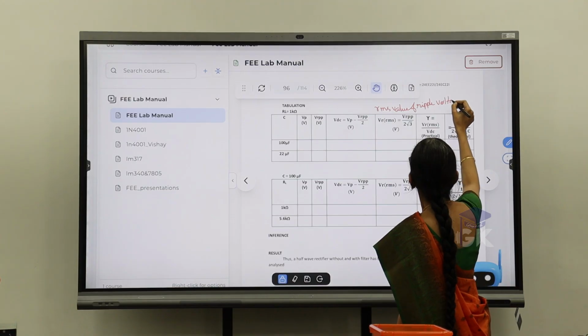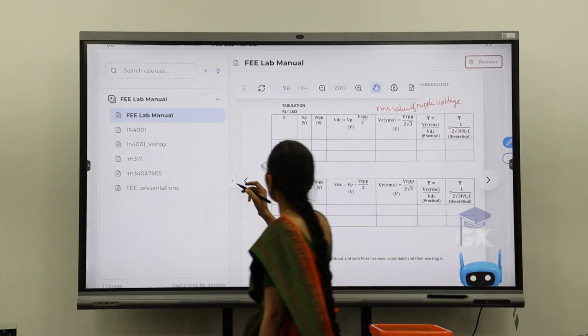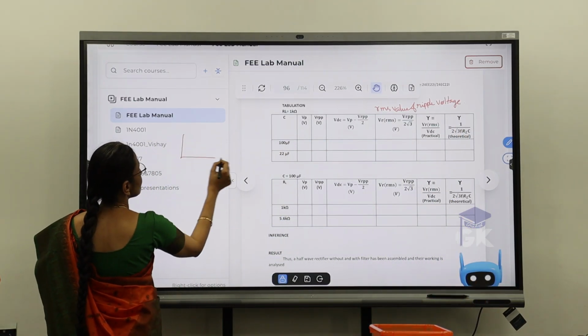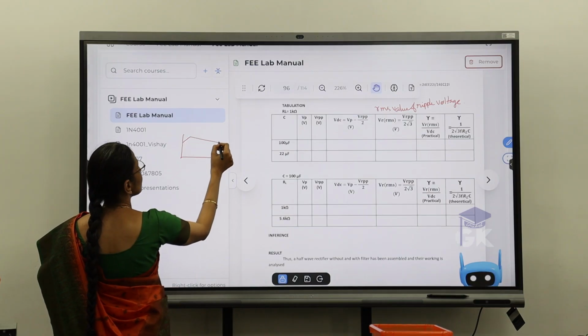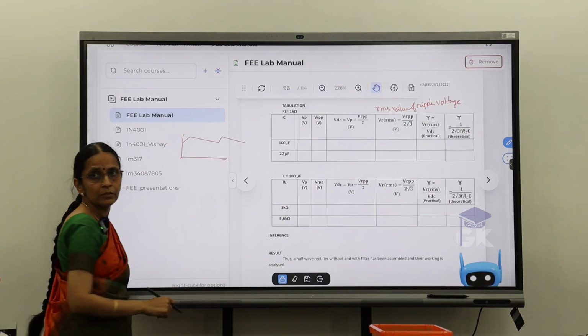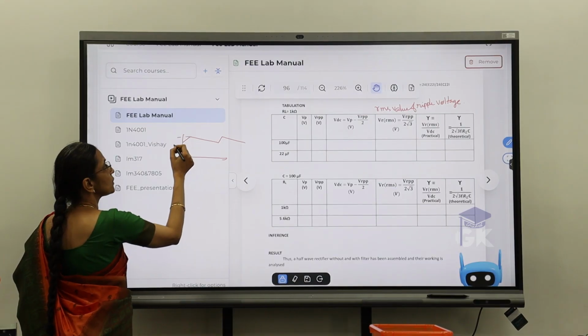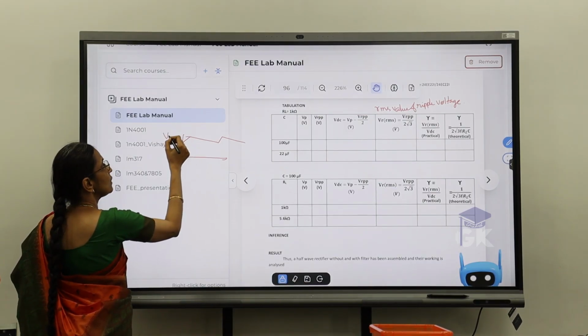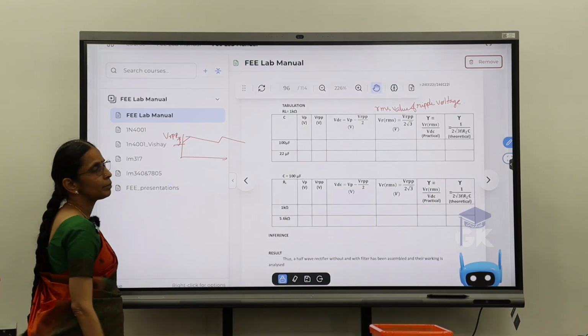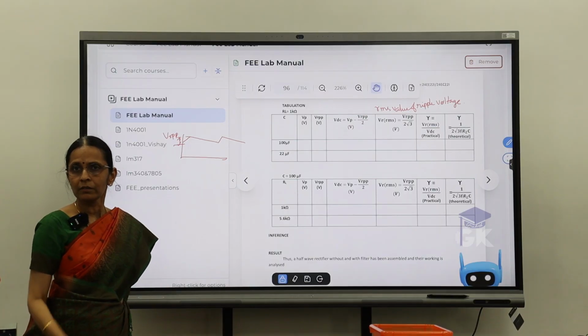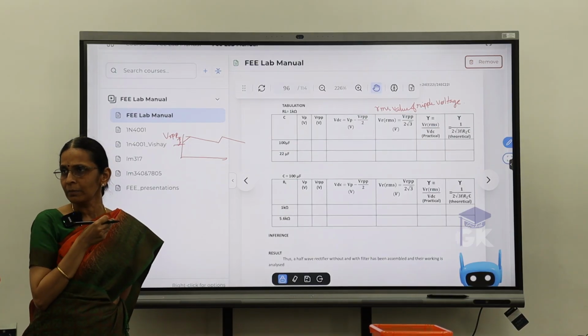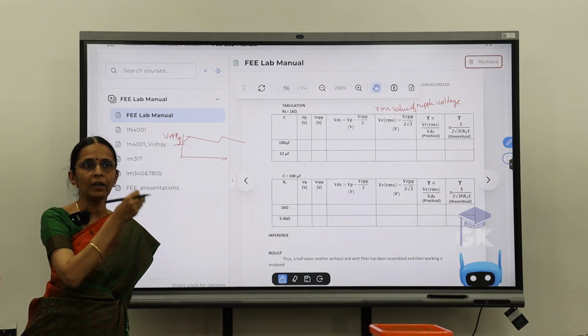What do I mean by ripple? Ripple is nothing but this waveform. This waveform is nothing but my ripple. The peak to peak value of this is nothing but my VR peak to peak. There is still some AC component present, a frequency dependent component.